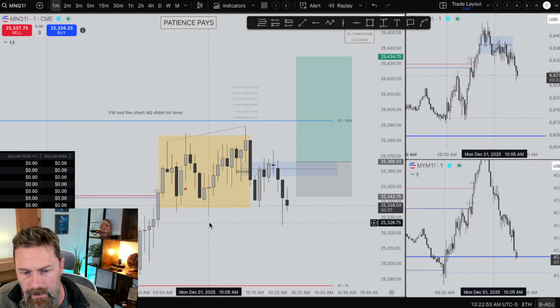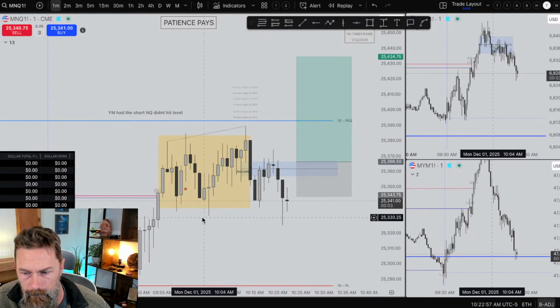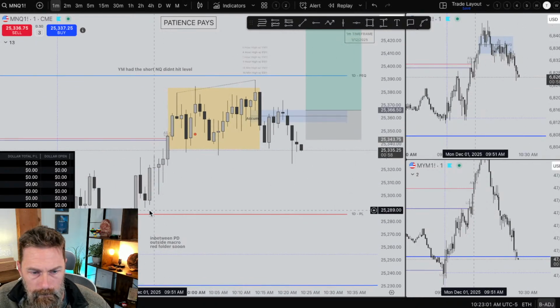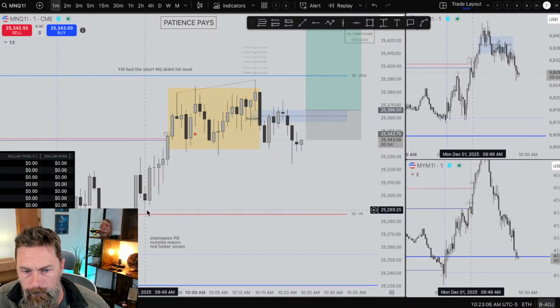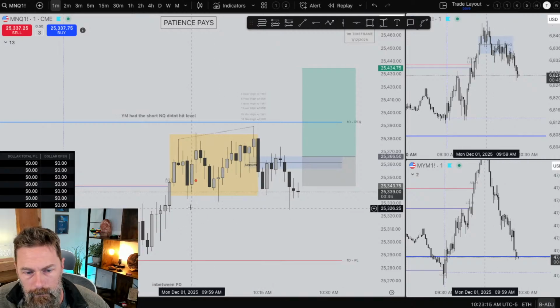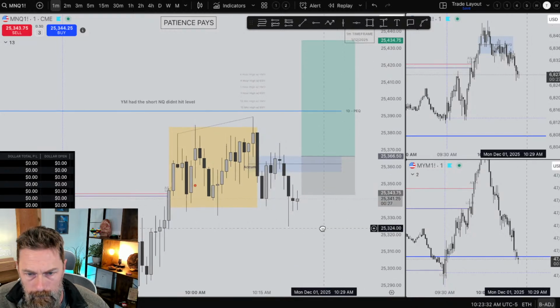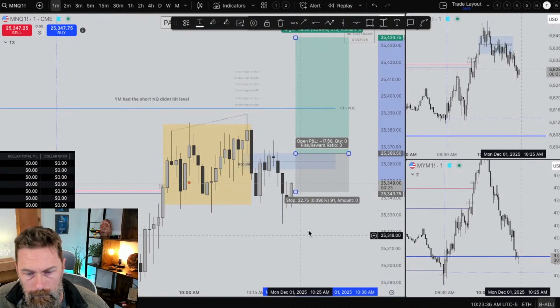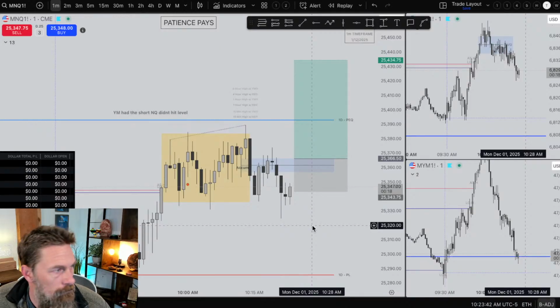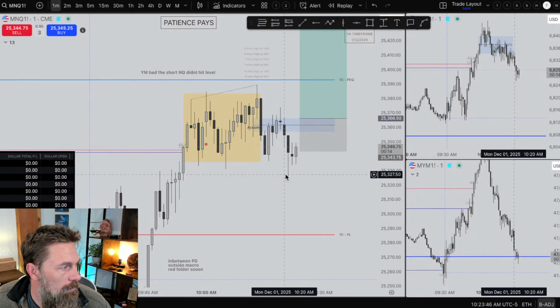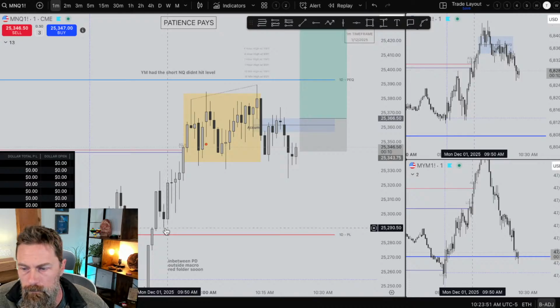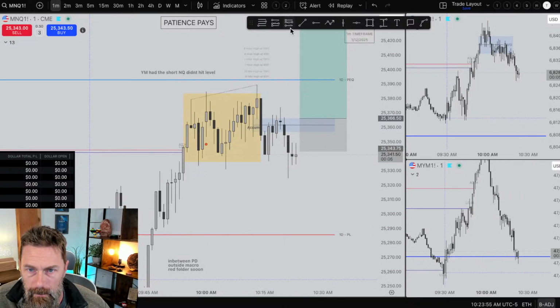We are backed by a higher time frame SMT. We will have an SMT down at these lows right here.